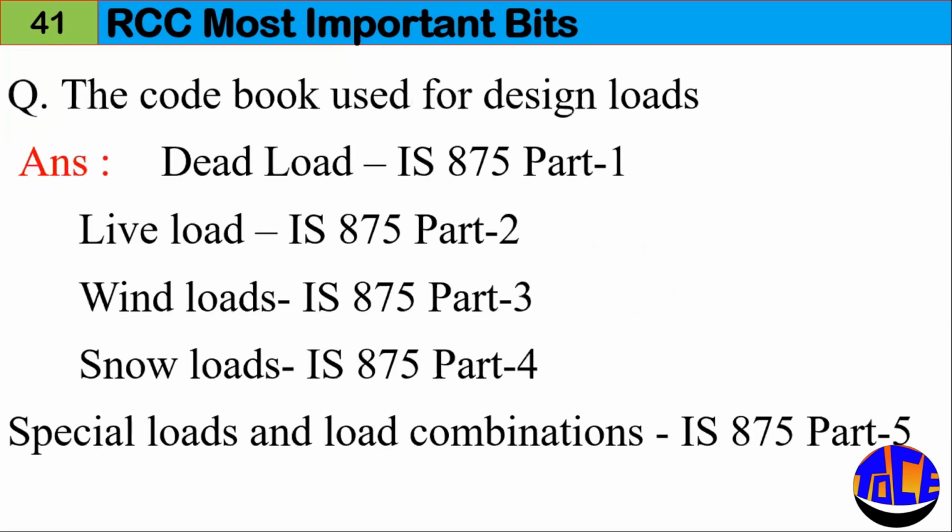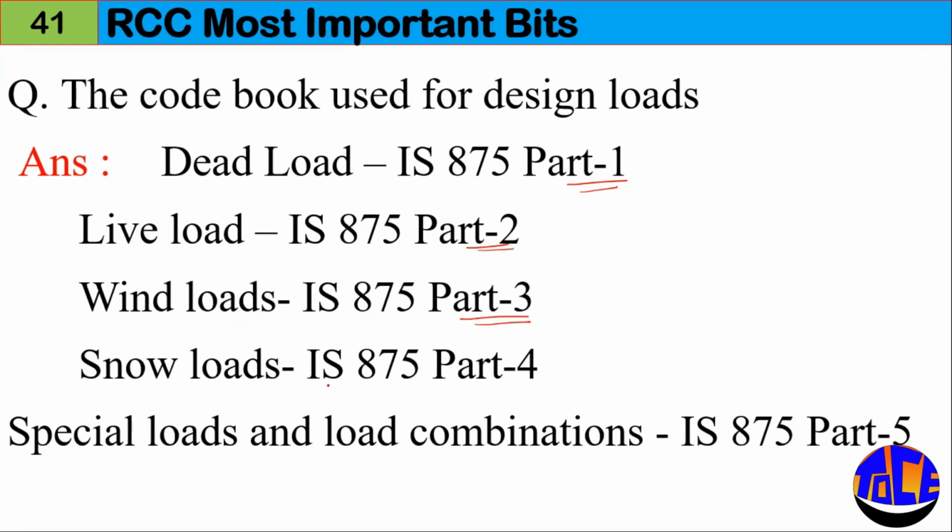Question number 41. The code book used for design loads. For dead load, you are going to use IS 875 Part 1. For live loads, IS 875 Part 2. For wind loads, IS 875 Part 3.